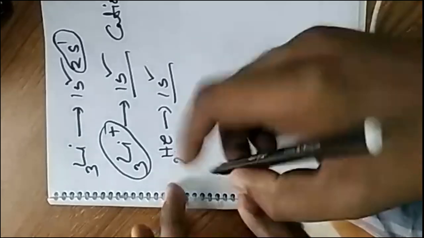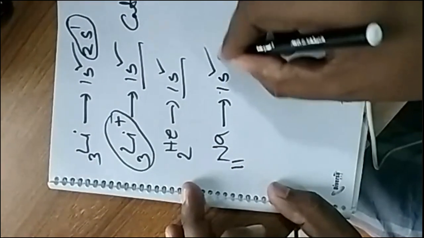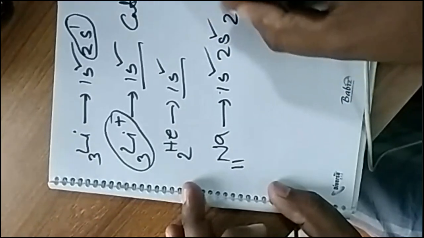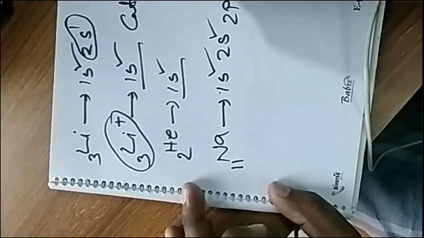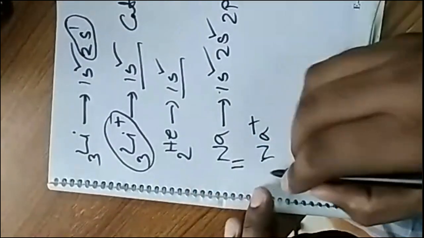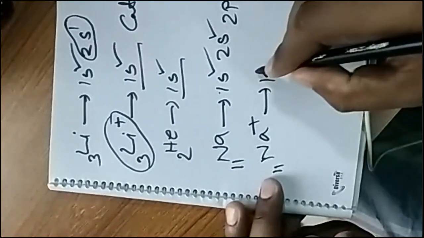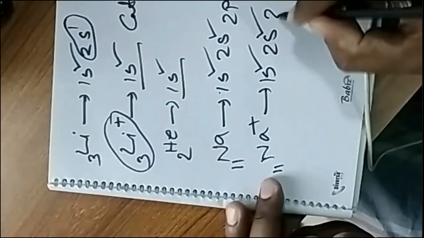In case of sodium, the atomic number of sodium is 11. So the electronic configuration will be 1s2, 2s2, 2p6 and 3s1. If sodium donates one electron, then sodium 1 plus will form. Then the electronic configuration will be 1s2, 2s2, 2p6. That means octet filled up.